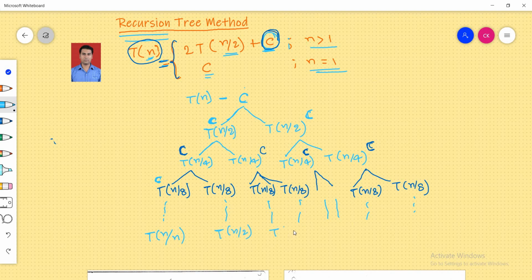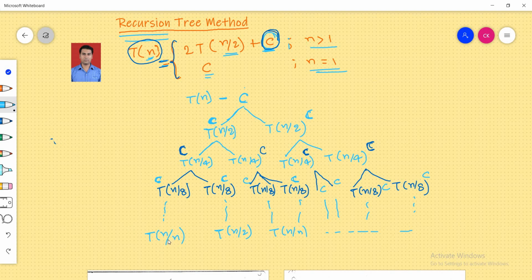All nodes will terminate at T of n by n, and in all nodes, if you do c amount of work, after a certain level this will reach T of n by n.